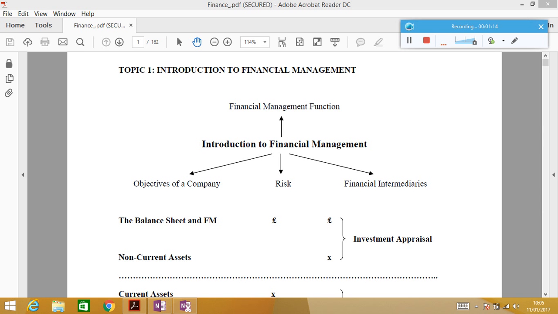Someone messaged me and asked how to do it. So use the browser and print, but you don't print the whole thing. You just print until topic 7. Your syllabus is up to topic 7.